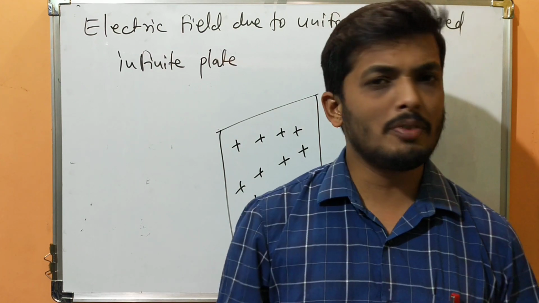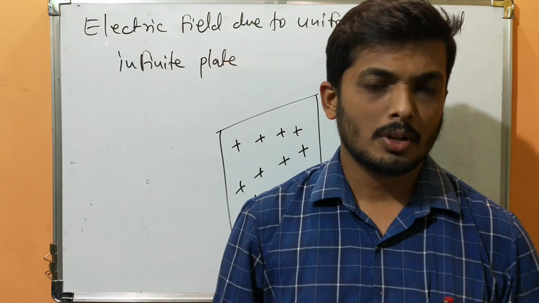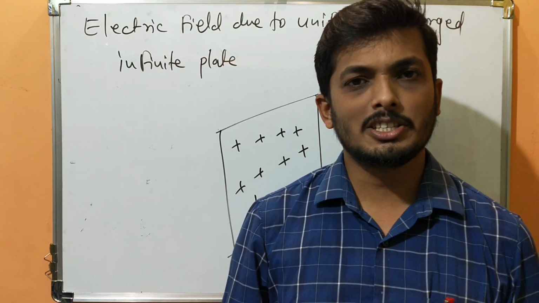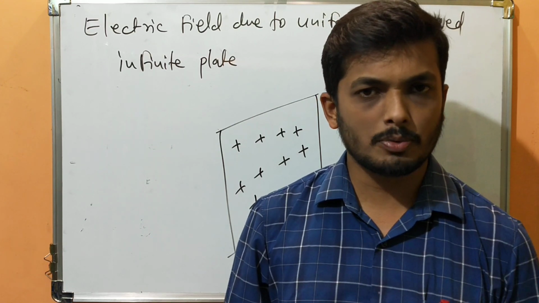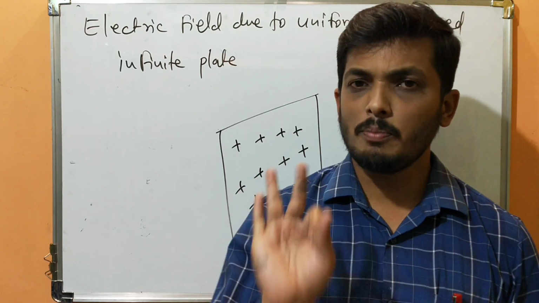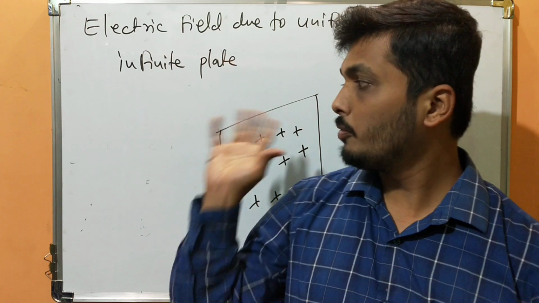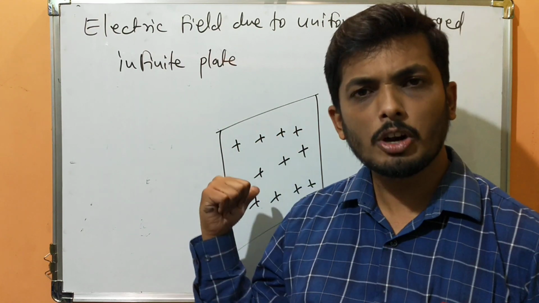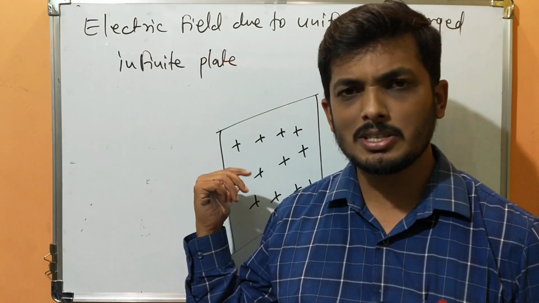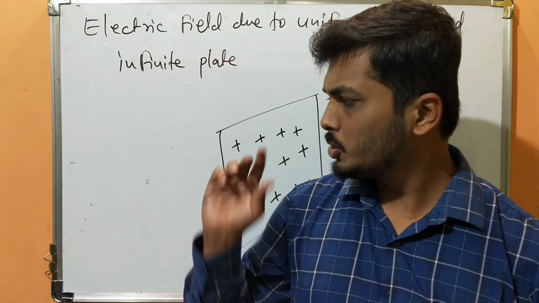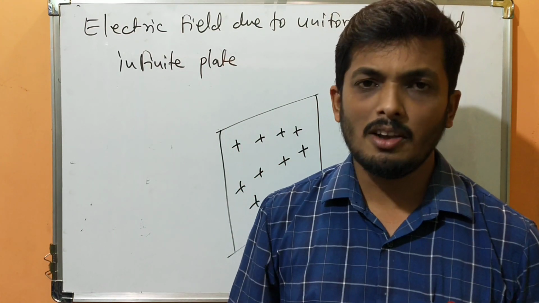Then we jumped to Gauss law, where the net flux is equal to 1 upon epsilon times the net charge. Three important applications: one for a wire, one for a sphere, and one for a plane sheet. Try to do it for a plane sheet. The logic remains the same, the formula remains the same, the conditions remain the same, nothing complicated. Just use surface charge density and try to solve it.